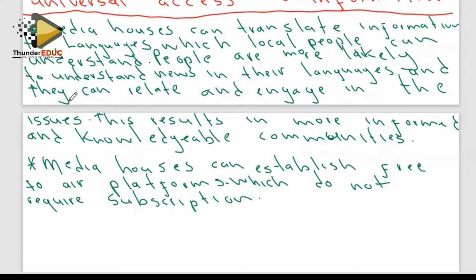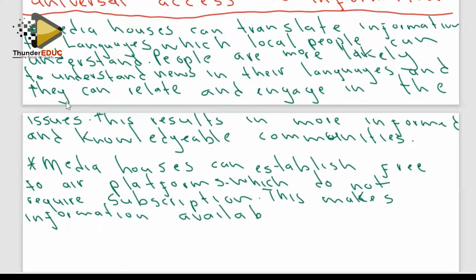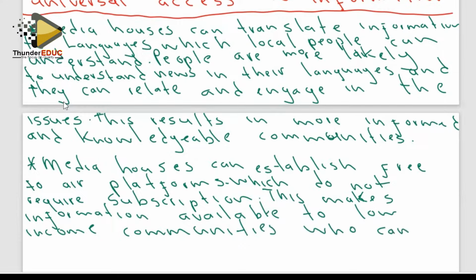So this makes information available to low-income communities who cannot afford digital paid-for platforms.